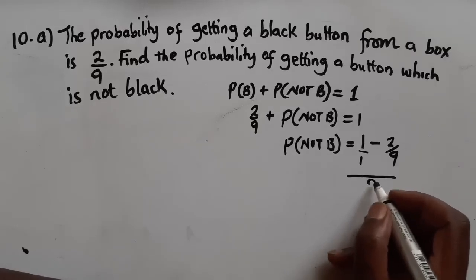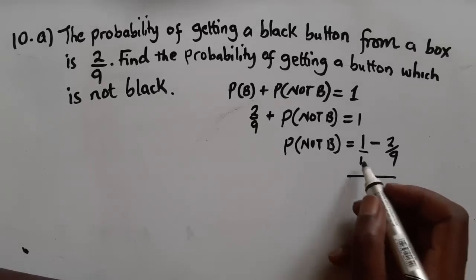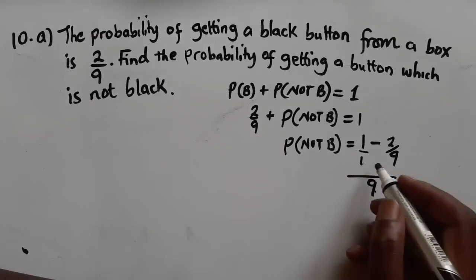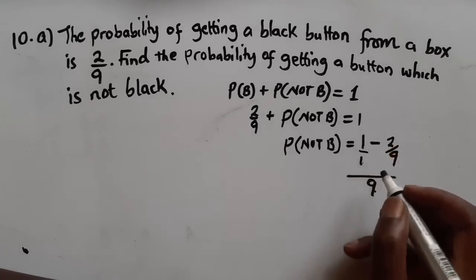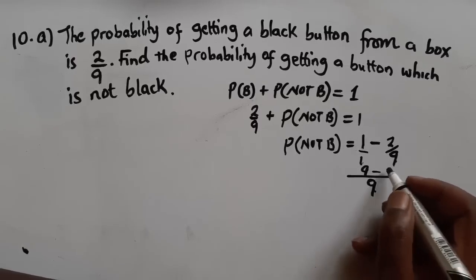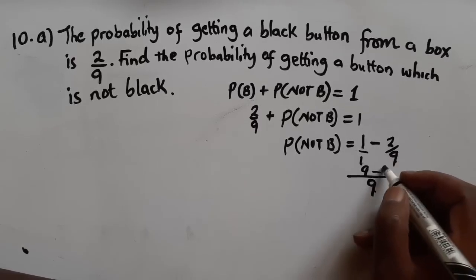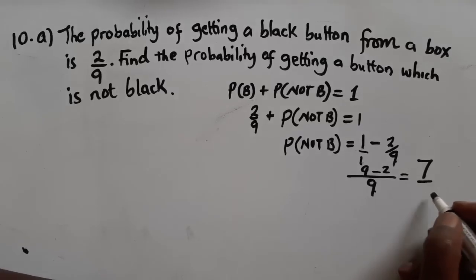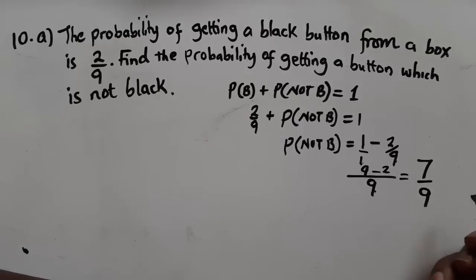The lowest common multiple of 1 and 9 is 9. 9 into 9 is 1, 1 multiplied by 9 is 9, minus 2. So we are going to get 7/9. The probability of a button that is not black.